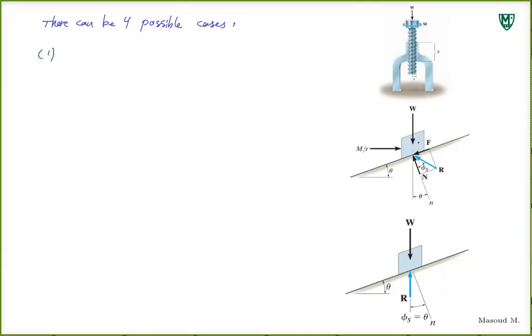The first one, which is this one, we'll get to the second one soon. So the first one is impending, or better to say upward impending motion, right?